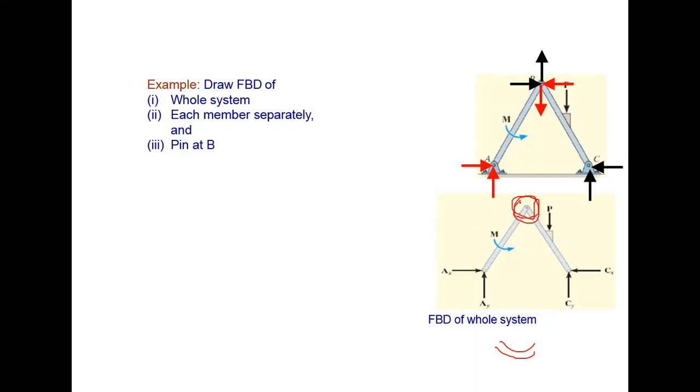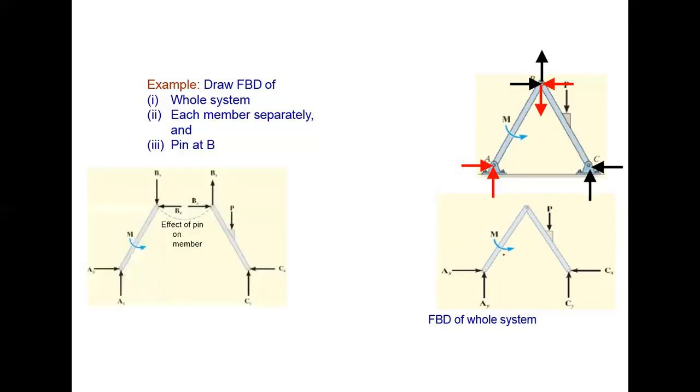These reactions are external reactions produced by the supports, so those I have shown. So in this way, you will draw an FBD of the system. You will not show the internal reactions. Keep in mind.